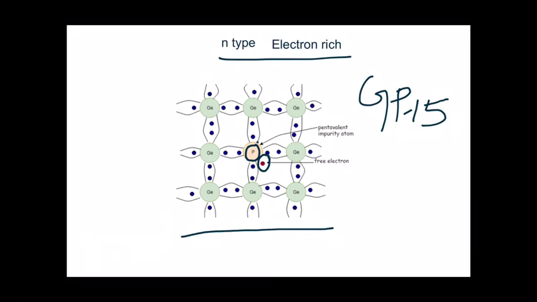These electrons are free to move and hence increase the electrical conductivity of germanium or silicon. So this type of electrical conduction is known as N-type or electron-rich semiconduction, and it has a lot of applications.